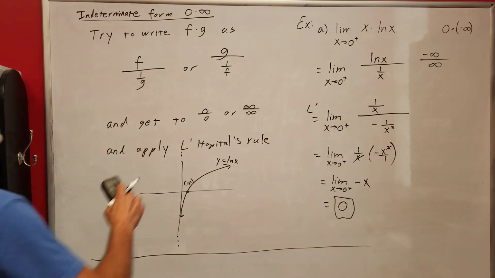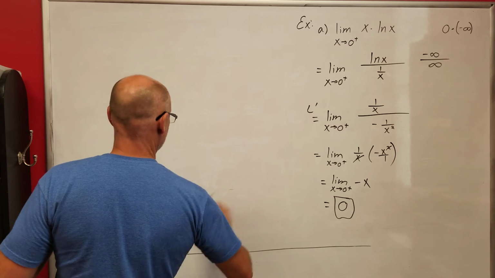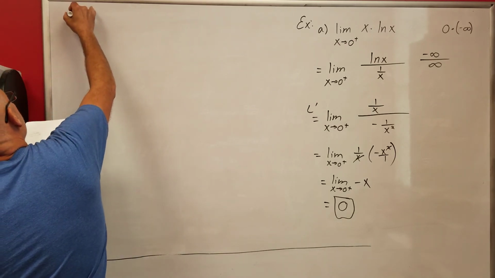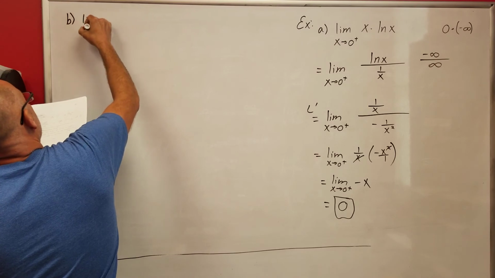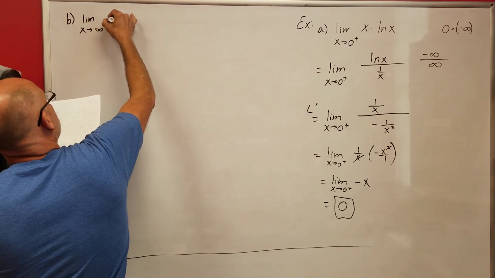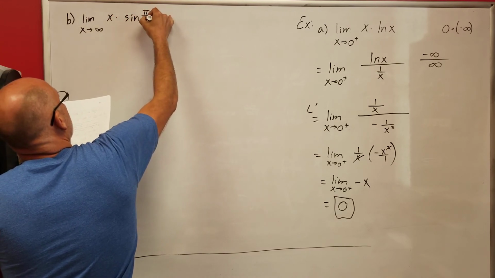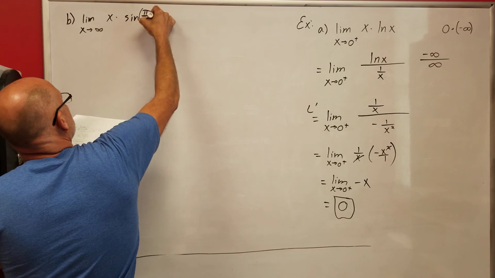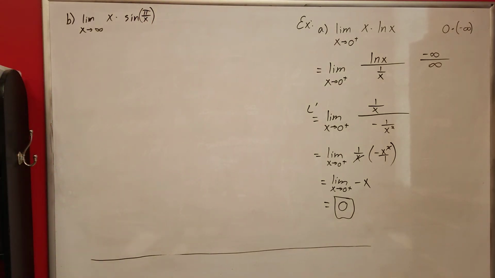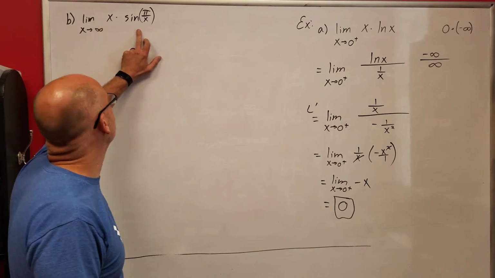Let's look at part B. Part B, I want to evaluate the limit as x approaches infinity of x times the sine of pi over x, like this. All right, let's see what's going on here.